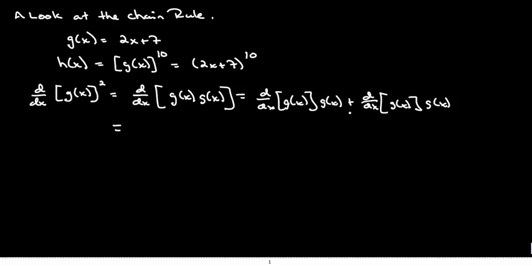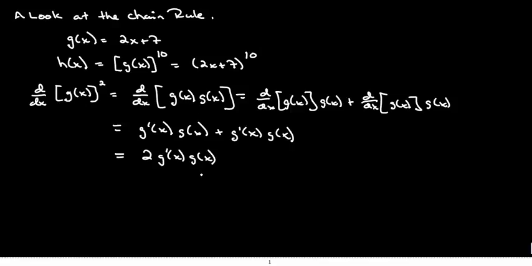This one right here gives me g prime of x times g of x, and the second one gives me g prime of x times g of x. And so what I end up getting is 2 g prime of x times g of x, just like that.